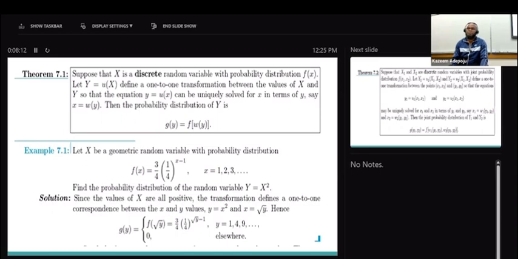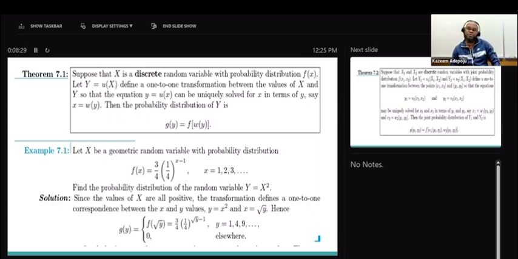But because we know the random variable X started from 1, 2, 3, there's nothing like negative. We don't need negative. We only need the square root of Y.